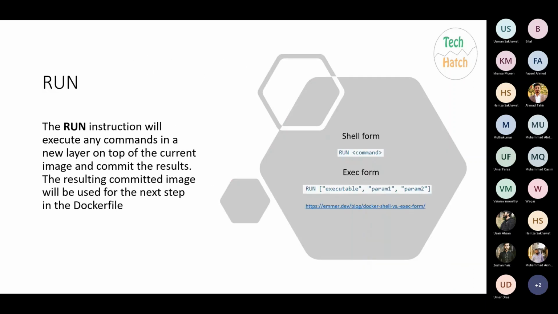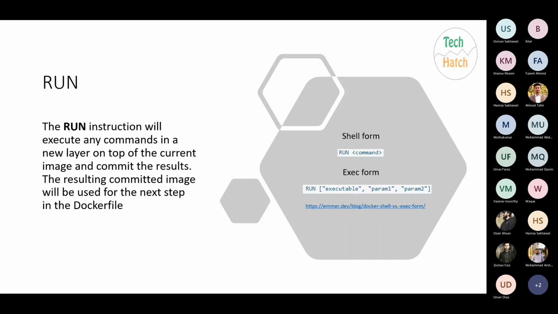We have two types of writing styles of the RUN instruction: shell form and exec form. There's a difference between them. Shell form is where we use an instruction without any square brackets, and this syntax runs your instruction as a child process of a shell.